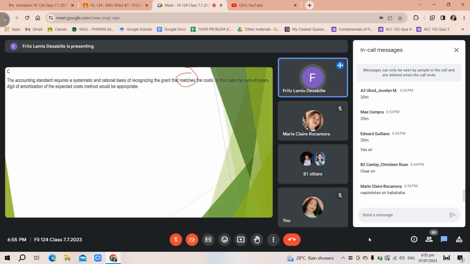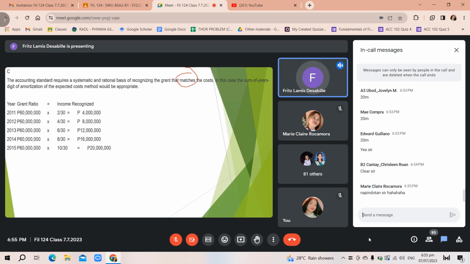Amortization of the expected method would be appropriate. So year grant ratio is recognized. 4, 8, 12, 16, 20. Ang ato ang i-recognize nga income. Ang fraction nato 2, 4, 6, 8, 10.